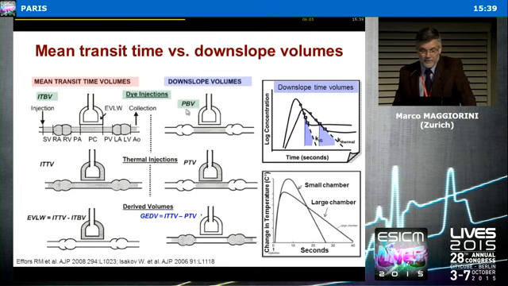The product of the cardiac output times the downslope time gives you the volume of blood in the lung itself. If you multiply the cardiac output times the downslope time of the thermal curve, you get the thermal volume content of the lung, including the interstitium.